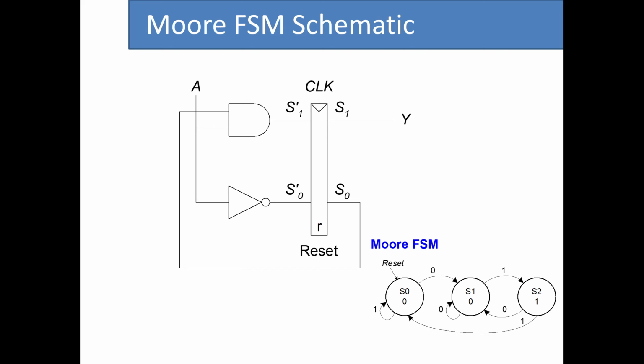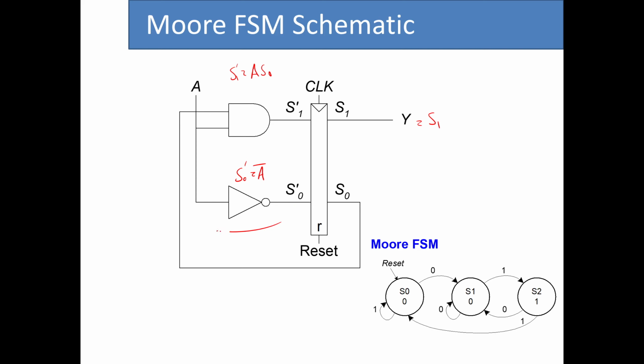So for the Moore FSM, what we have is for S1 prime to be A multiplied by S0, or ANDed with S0. S0 prime is basically A bar, and then Y is basically S1. So these are based on the calculations that we had when we came up with the Boolean equation.